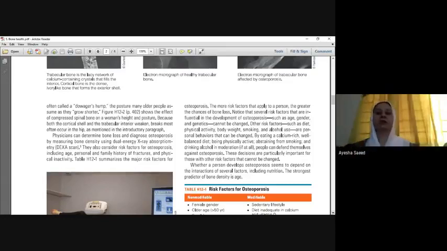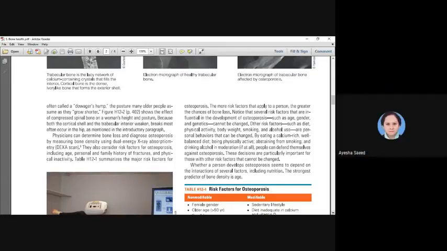Other factors such as diet, physical activity, body weight, smoking, and alcohol use are personal behaviors that can be changed by eating a calcium rich, well balanced diet, being physically active, abstaining from smoking and drinking alcohol in moderation, if at all. People can defend themselves against osteoporosis. These decisions are particularly important for those with other risk factors that cannot be changed.